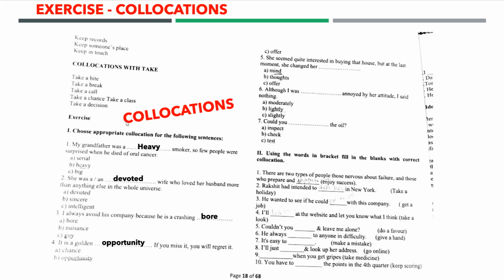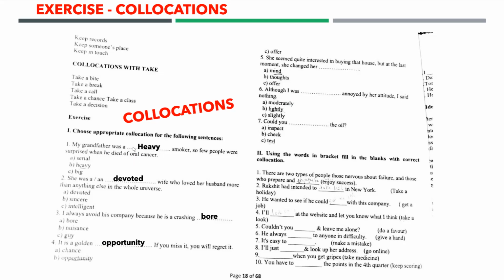So we have some exercise questions here, which are there in our workbook itself. Choose the appropriate collocation for the following sentences. Here we have some sentences and also the options for this. We will have to select the suitable correct collocation for the sentence.